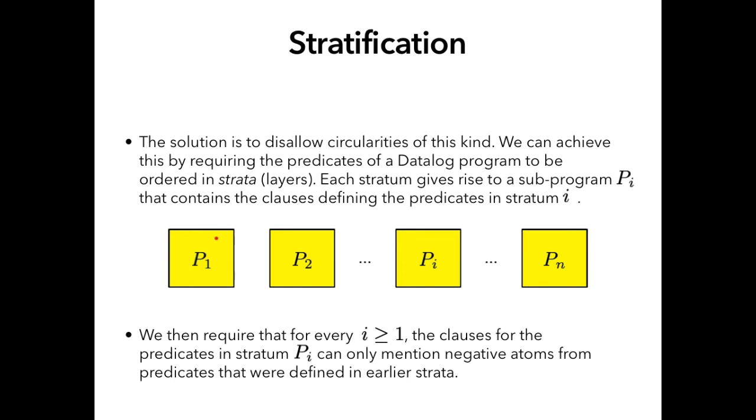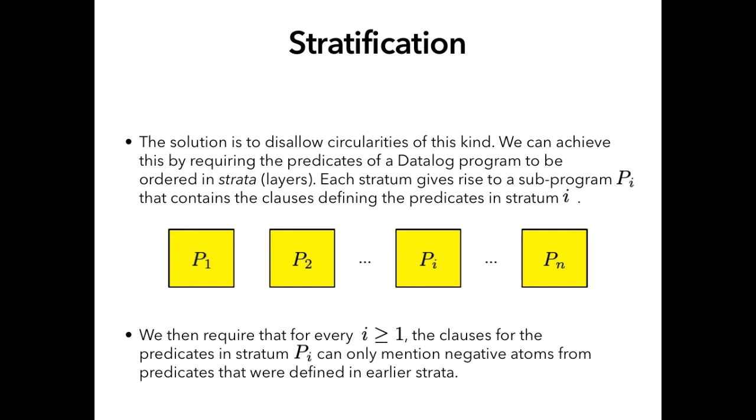So here are the ones that talk about the predicates in stratum 1. Here are the clauses that talk about predicates in stratum 2, and so on. In P2, we can talk about predicates in P1. But we can only talk about earlier predicates. We cannot talk about predicates that appear in later strata.